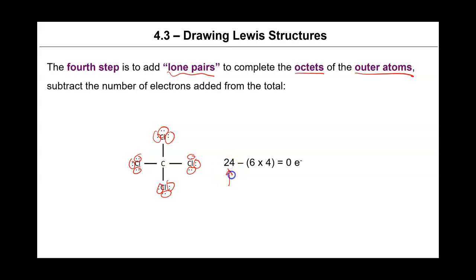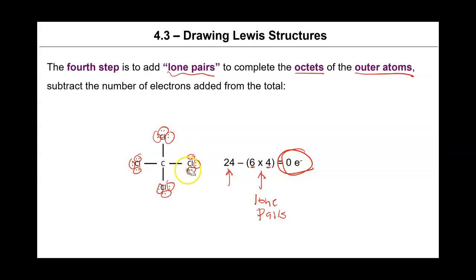So after step 3, once we'd made all the bonds, we had 24 electrons left to play with, and now we put 6 electrons on each of the 4 atoms, so we've got to subtract the number of electrons that we used to complete the octets of our outer atoms. So having done this, we realize that we have 0 electrons left.